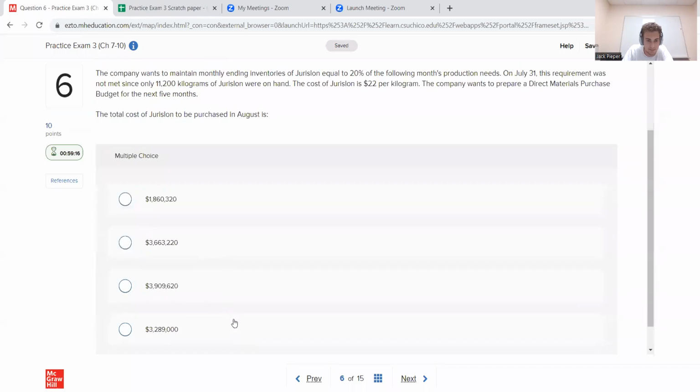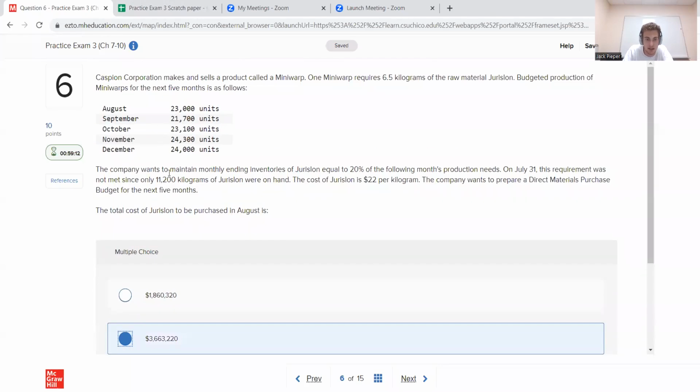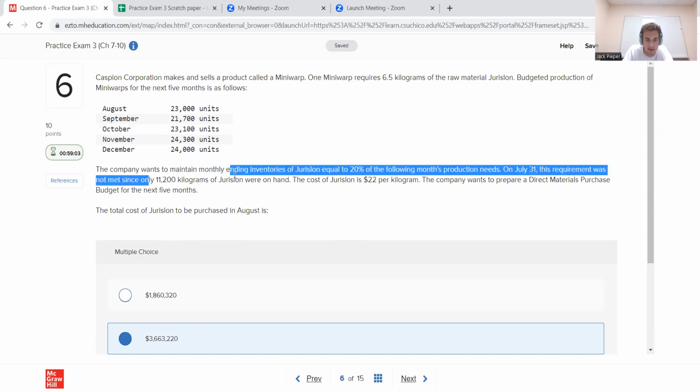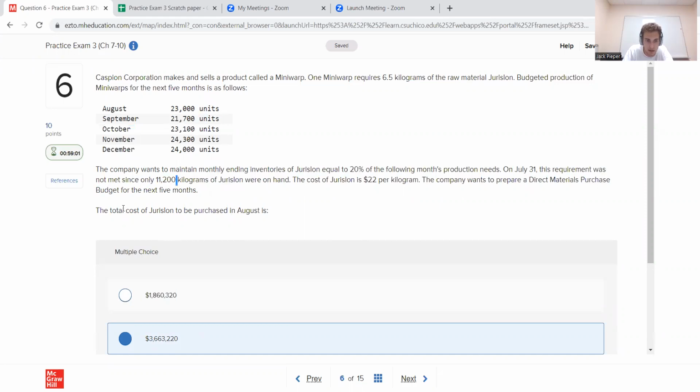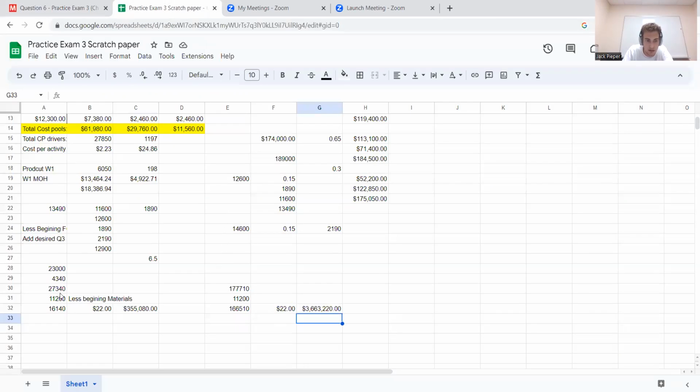That's much better. There we go. Okay, so again, make sure you're converting into kilograms of raw material. You only need enough for August and 20% of September, but less the beginning balance. So that's how much you need to purchase. Okay, less beginning. All right. Okay, cool.